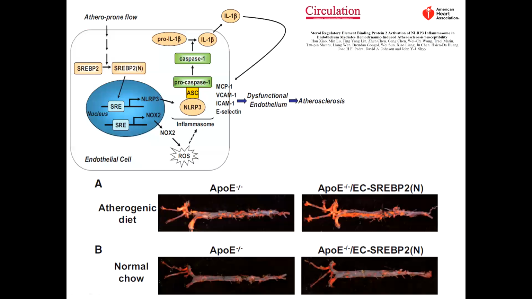So SREBP2, if it's not present, is going to reduce the amount of NLRP3 transcribed, the amount of NOX2 transcribed, and these two work together to increase the amount of ROS and inflammation. When SREBP2 is not present, this reaction cannot occur, and therefore it's protective against atherosclerosis.